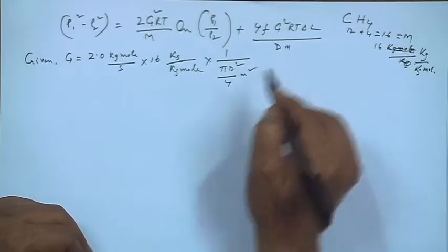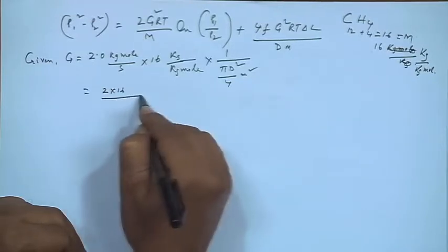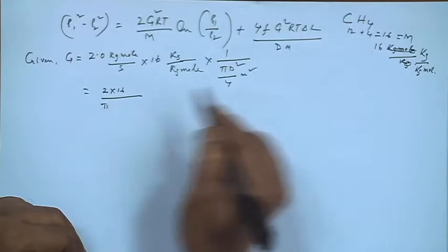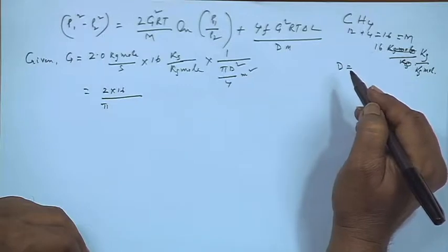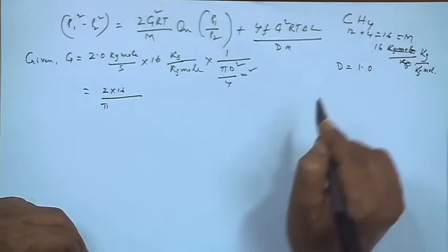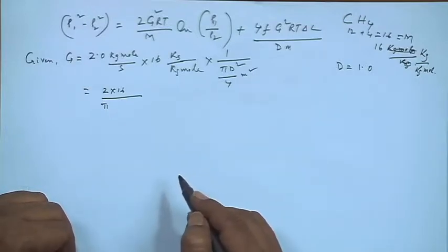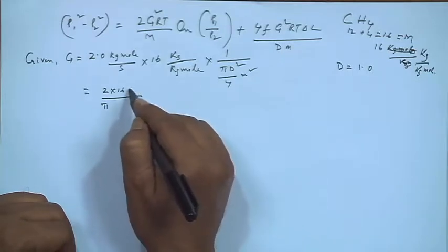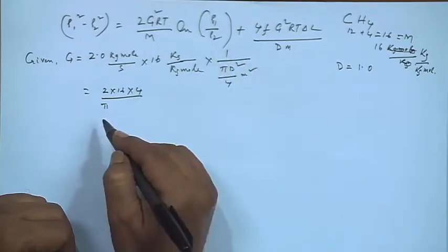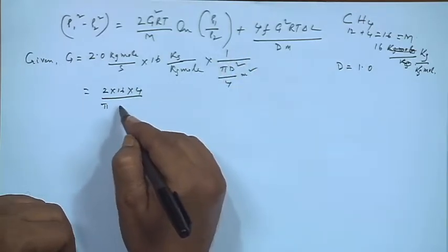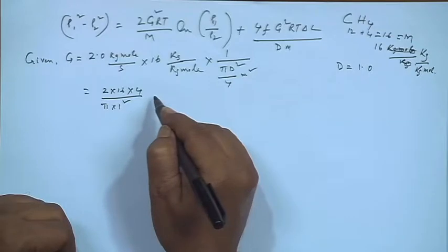If we substitute the values, it becomes 2 into 16 divided by π into d², given d is 1.0 meter ID. Other than d we need nothing here. So 2 into 16 into 4, this 4 goes up, π, and 1 squared. π you can take as 3.14.